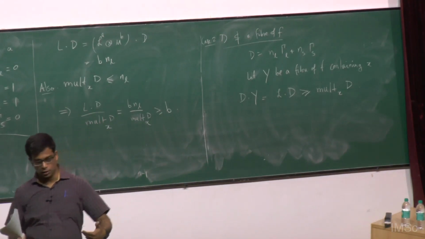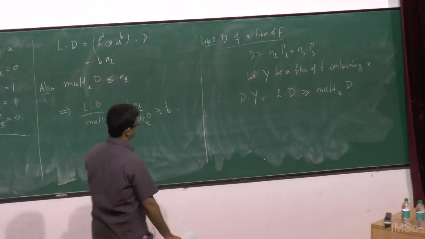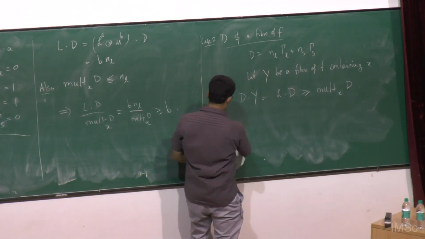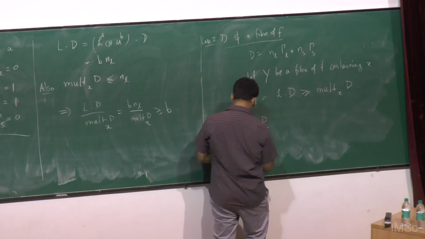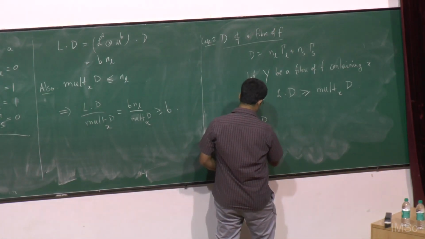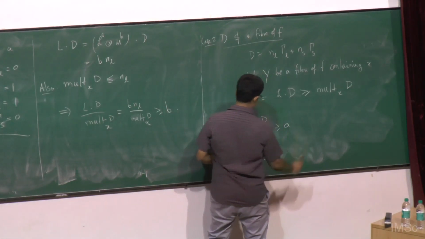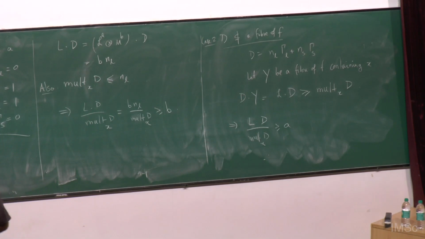So you have a curve and a divisor such that the curve is not contained in the divisor. So the intersection is at least as much as the multiplicity of that curve at the divisor. So anyway, let me just wrap it up now. So using this we can say the multiplicity is at least A. Okay, so the similar calculation as before tells me that multiplicity is at least A, where A is this.